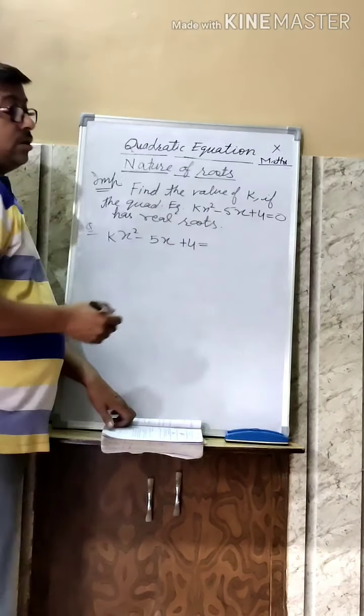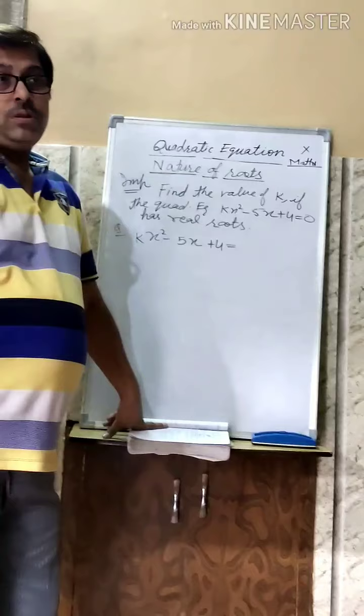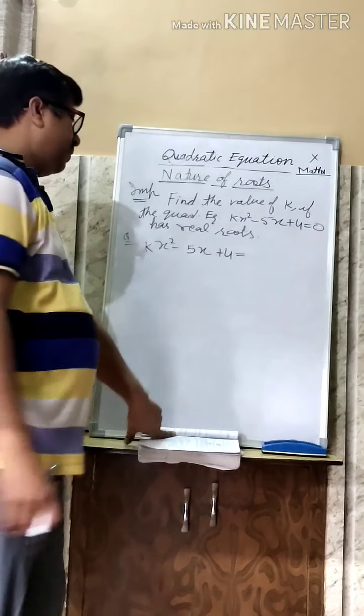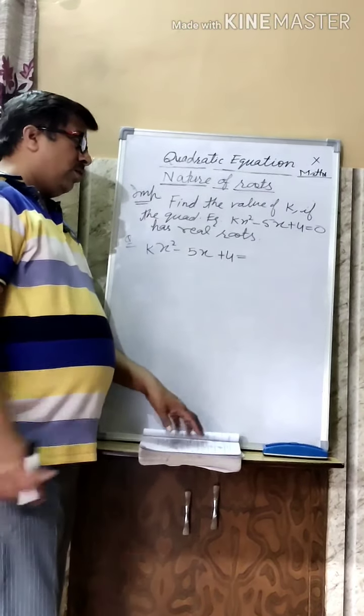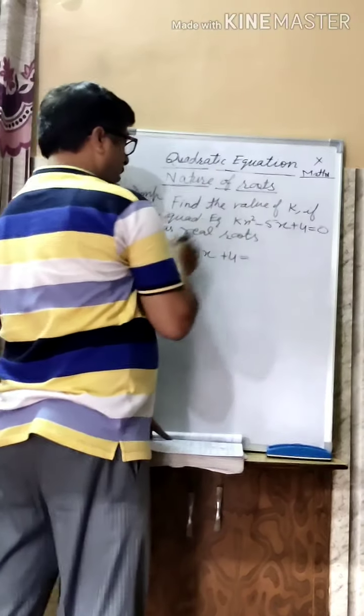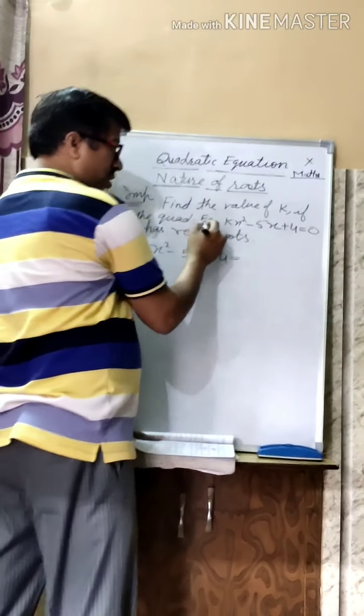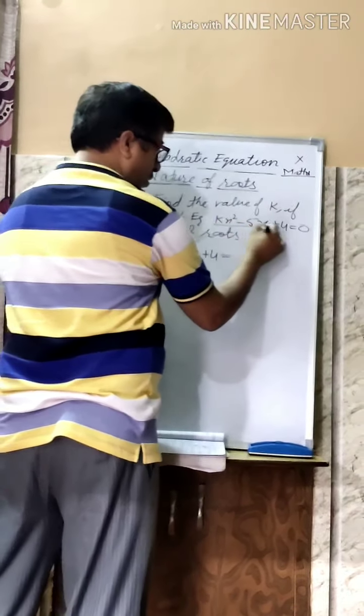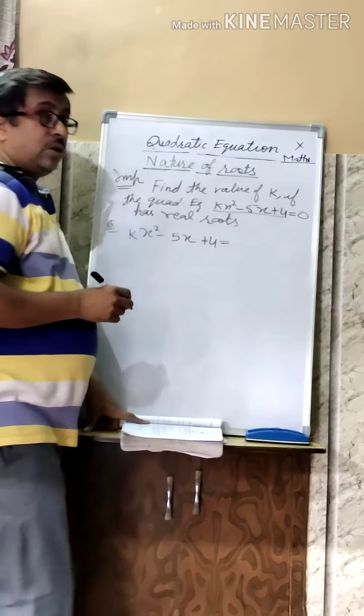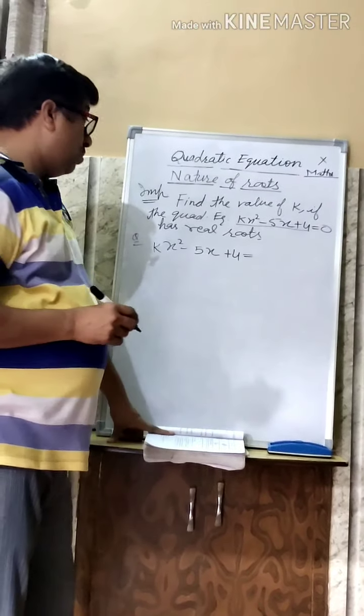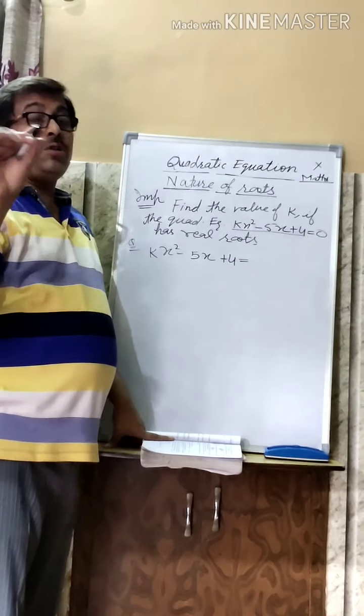So this type is also important for the exam. Because he is asking to find the value of k if the quadratic equation kx square minus 5x plus 4 equal to 0 has real roots.